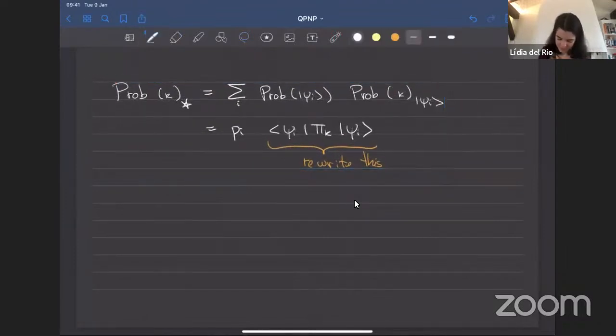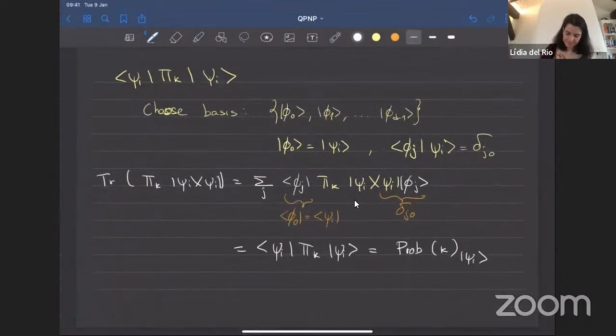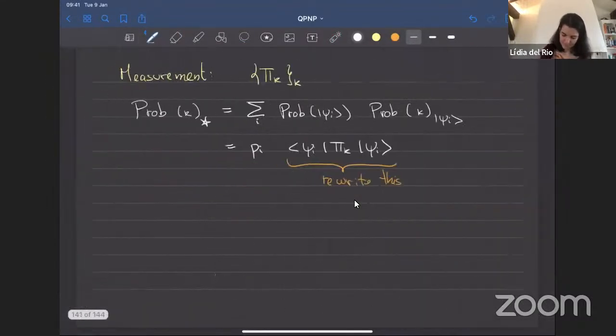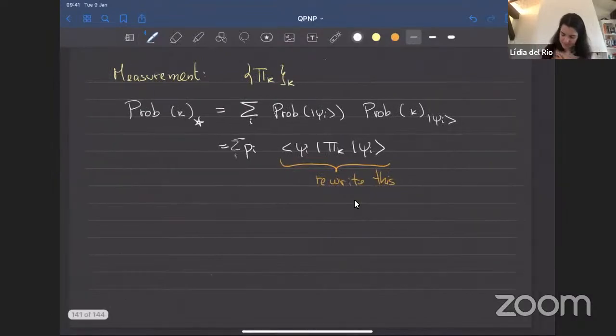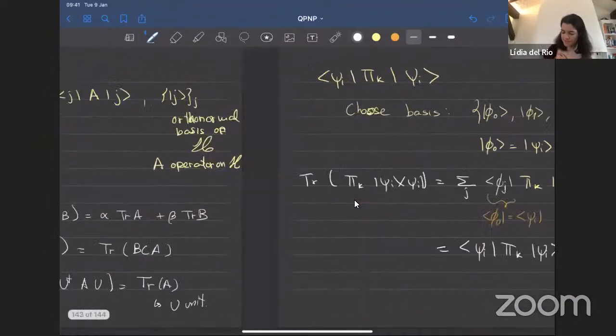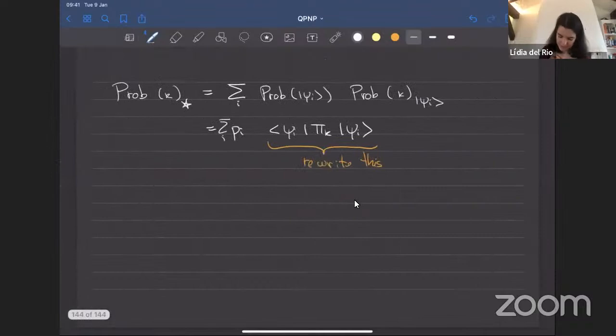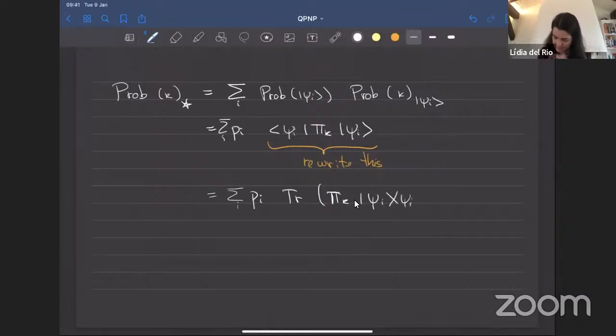So we rewrote this as the sum over i of p_i, and now the trace of Pi k times psi i psi i.